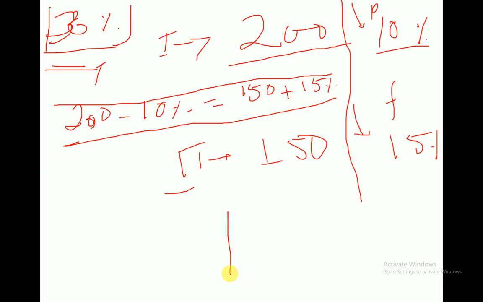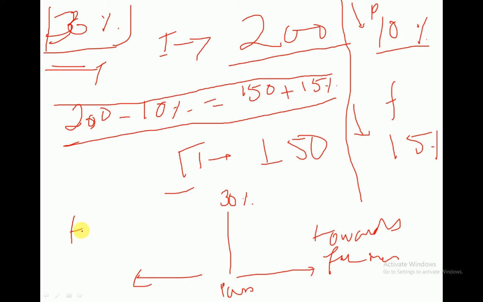Suppose this is the pass line, say 30% or whatever it is, with full marks on this side and 0 on the other.